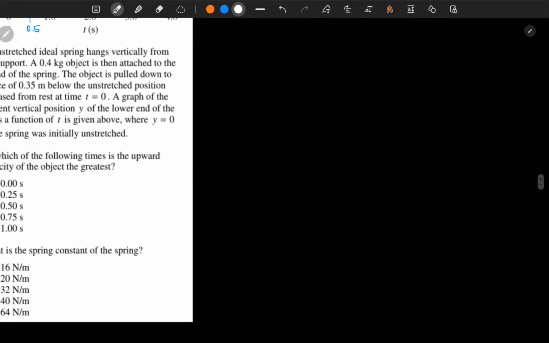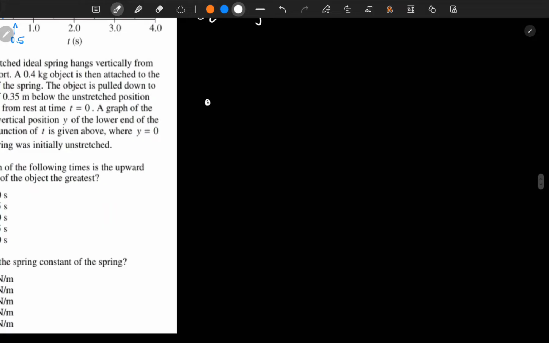To do this, we look at the free body diagram of this mass. The downward force here is gravity, and the upward force is the spring force given to us by Hooke's law. In equilibrium, we know that these forces should be equal to each other.